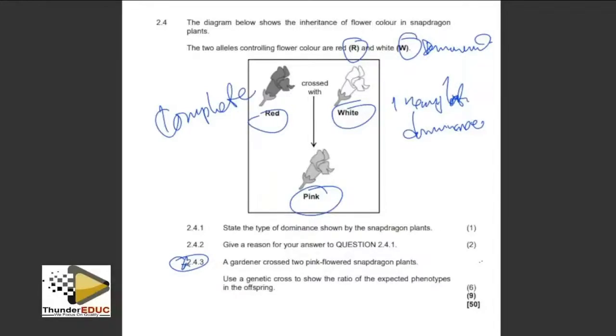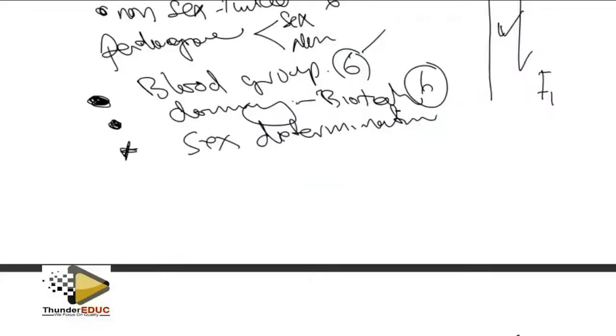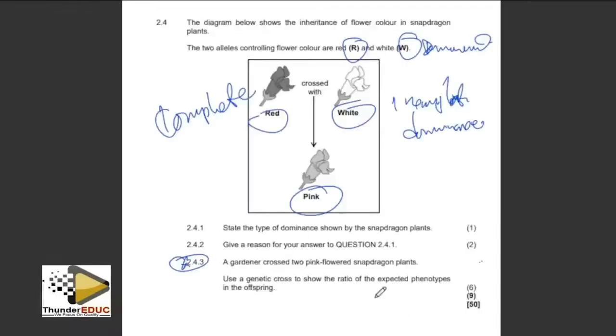They're saying a gardener crossed two pink flowered snapdragon plants. Using the genetic cross, show the ratio of the expressed phenotypes in the offsprings. Remember I told you the first thing you need to do is write P1 F1, but in this case they crossed two pink, and pink is found on the second generation.